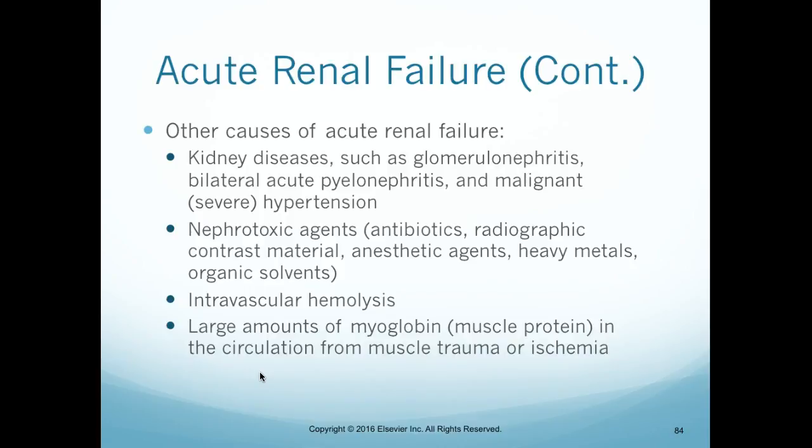Other causes of acute renal failure, so kidney disease such as glomerulonephritis, bilateral acute pyelonephritis, and malignant hypertension, nephrotoxic agents, so like antibiotics, contrast material, heavy metals, intravascular hemolysis, and large amounts of myoglobin, so muscle protein in the circulation from muscle trauma or ischemia.